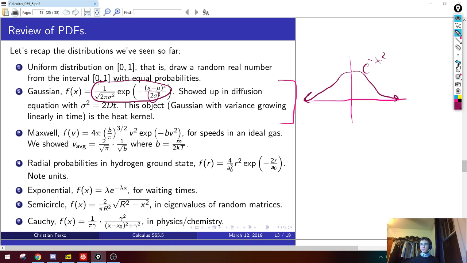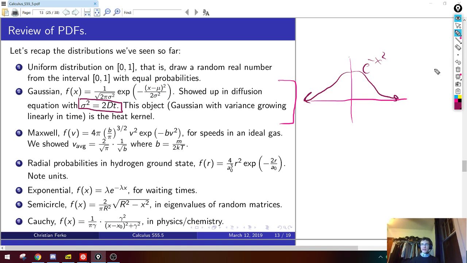You've already seen that come up in a very natural way in diffusion and the random walk. When you solved the diffusion equation, you found that the density of random walkers when you start them at the origin is exactly of this form, where sigma squared, which appears both in the exponential and in the prefactor, was 2 times the diffusion constant times time.